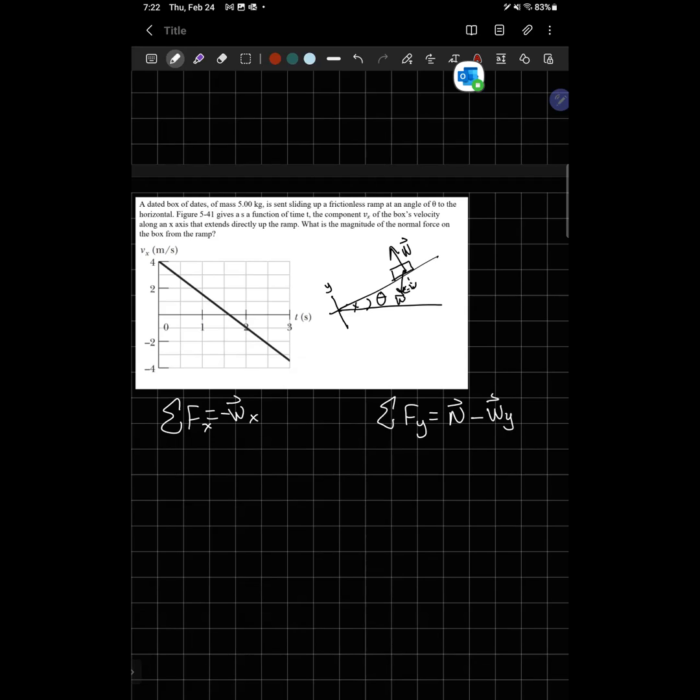Okay. So I'm not going to care about the x. I'm going to care about the y, because what I'm solving for is normal force.